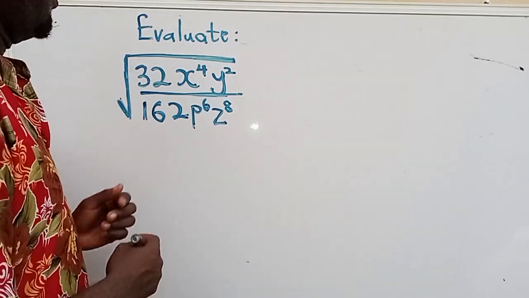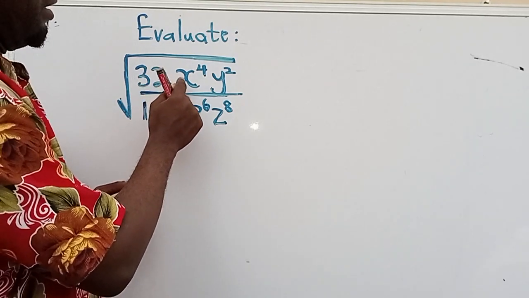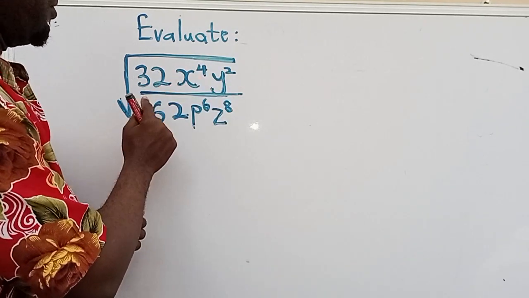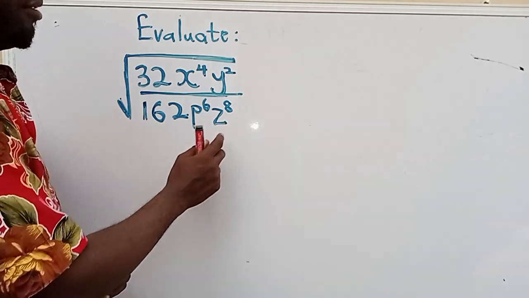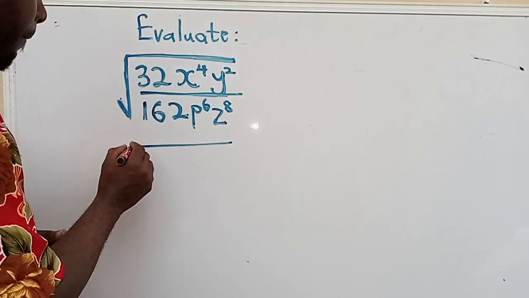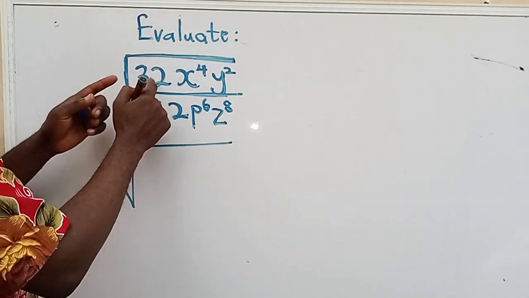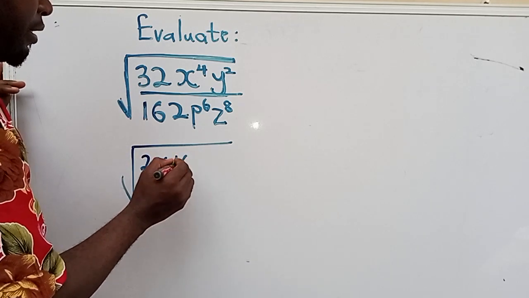In today's class, I want to evaluate root of 32 s raised to power 4 y raised to power 2 divided by 162 p raised to power 6 z raised to power 8. So the first thing I'm going to do is to change this 32 to 2 multiplied by 16.